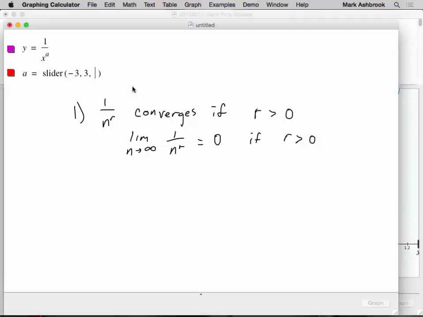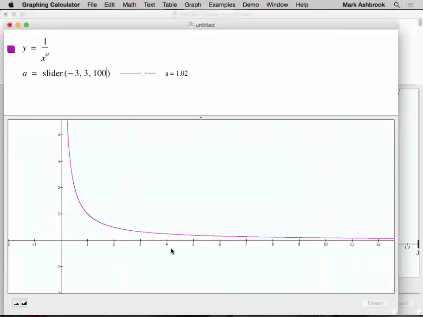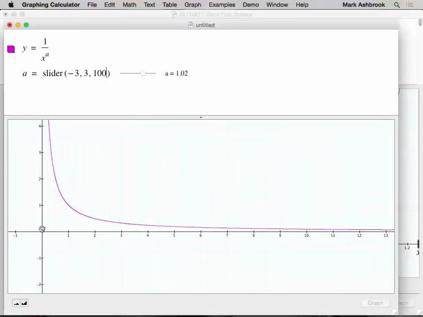So certainly if a equals 1, or in this case if r equals 1, we've got 1 over n. 1 over n clearly will go to 0 for large values of n, right? So that's what I'm showing here. If you make that r bigger, then it'll just get there faster, right? When I make r bigger, it just gets to 0 faster.